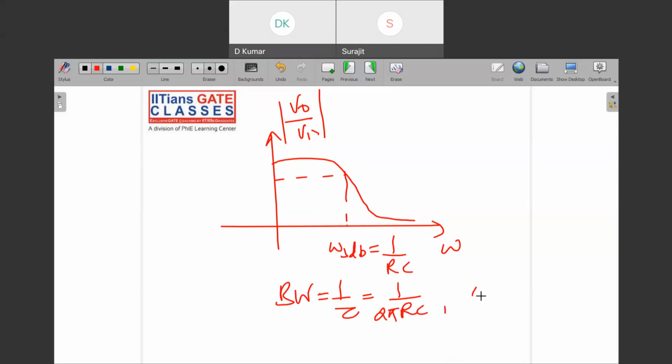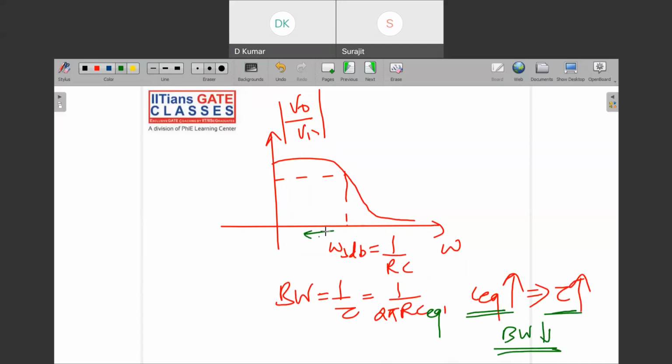So if C equivalent increases, then tau will increase, definitely. Here you can see this is C equivalent only. If this increases, tau will increase and the bandwidth will fall, right? So the bandwidth will be here then.